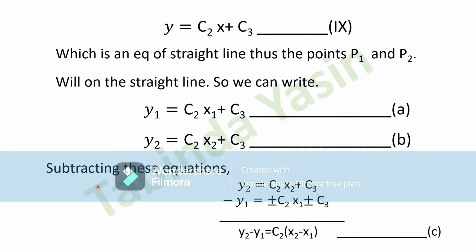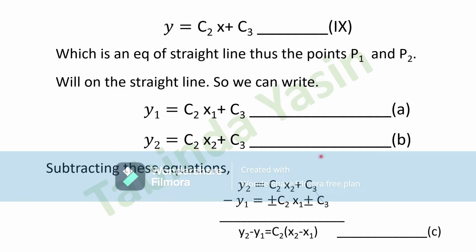Subtracting these equations, as you know, when we have to subtract these two equations, we have to change the sign. So y2 is equal to C2 x2 plus C3, minus y1 is equal to C2 x1 plus C3, where the plus sign is converted into minus. Then the terms will become y2 minus y1.